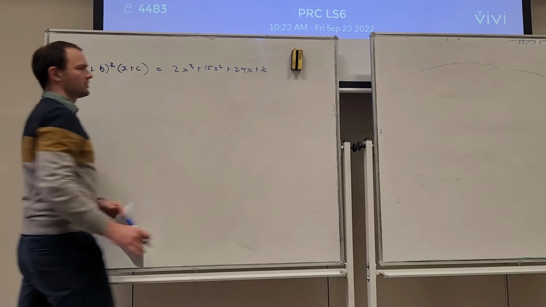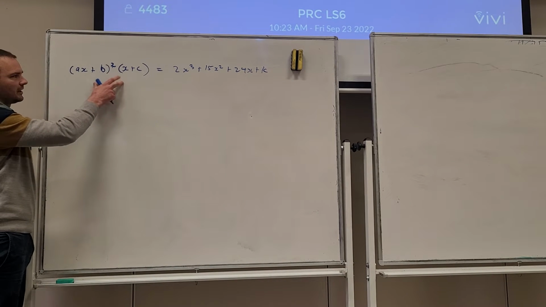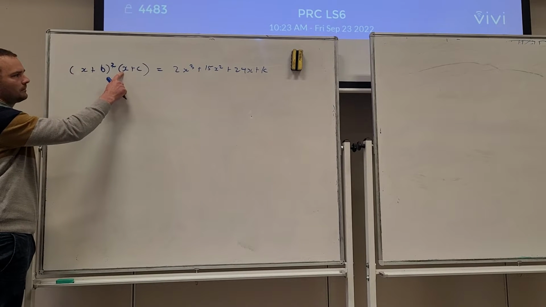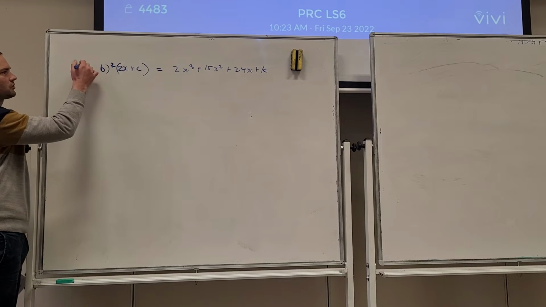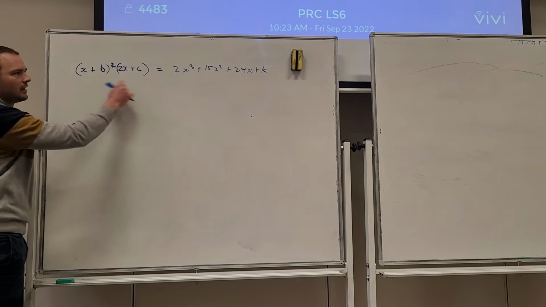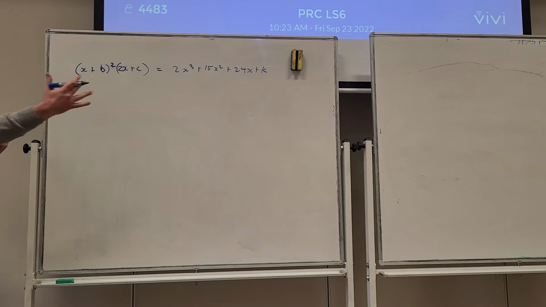And so your instructions are to find the roots and find the value of k. Now, looking at this, I'm thinking it makes sense for this value of a to belong in this one, and it makes sense for it to be 2. So even there, you can jump straight to this, okay? When we get 2x times x squared, that's going to give us the 2x to the power of 3. So this is one way that we can represent it.